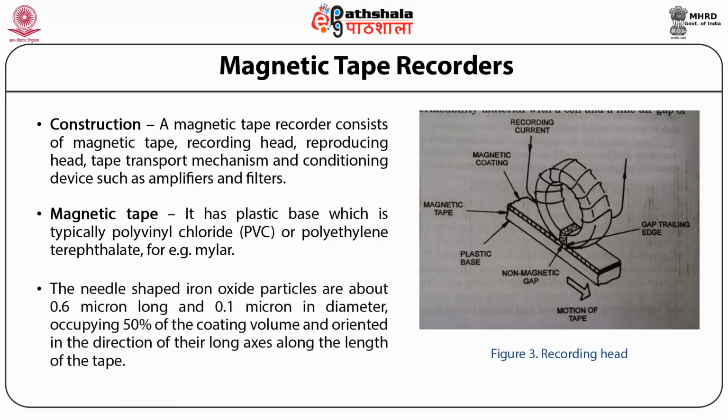The needle-shaped iron oxide particles are about 0.6 micron long and 0.1 micron in diameter, occupying 50% of the coating volume and oriented in the direction of their long axis along the length of the tape.